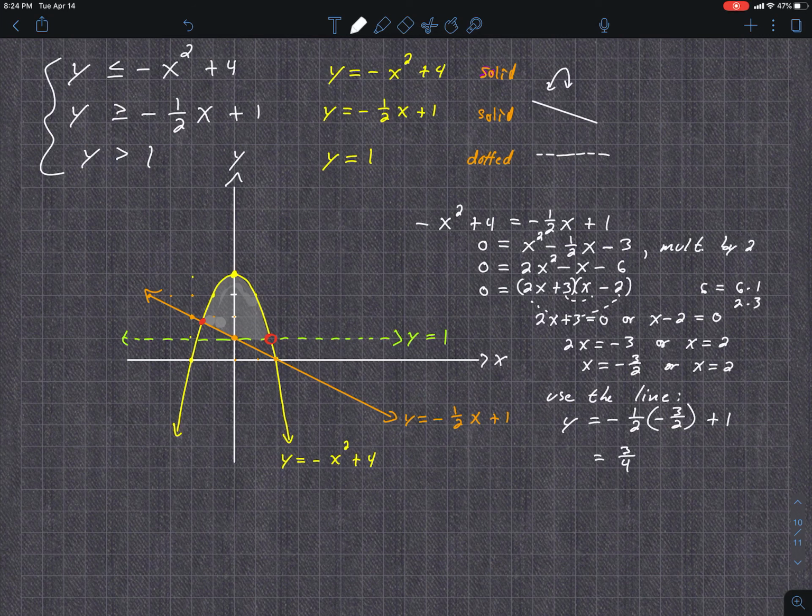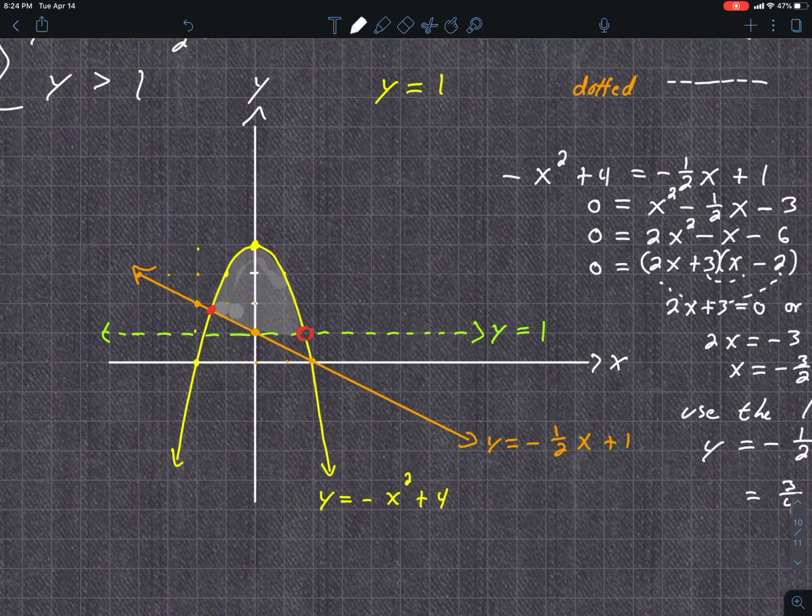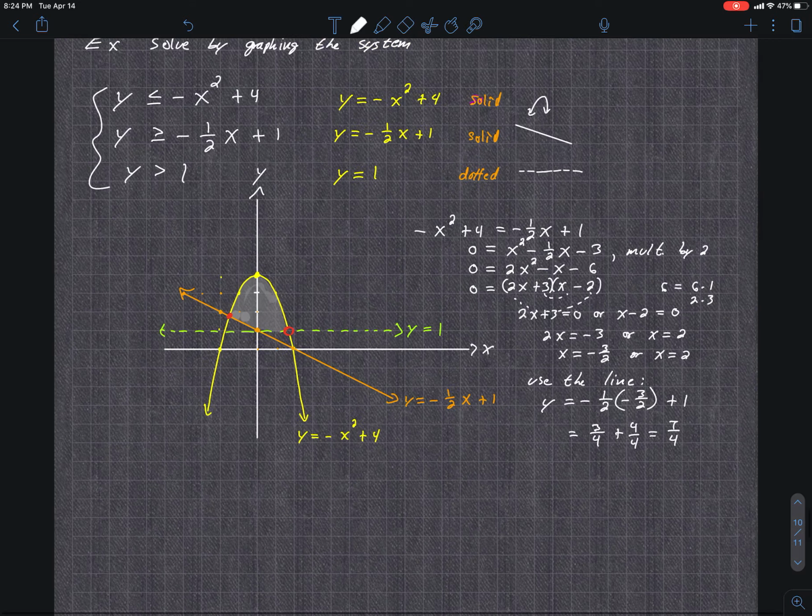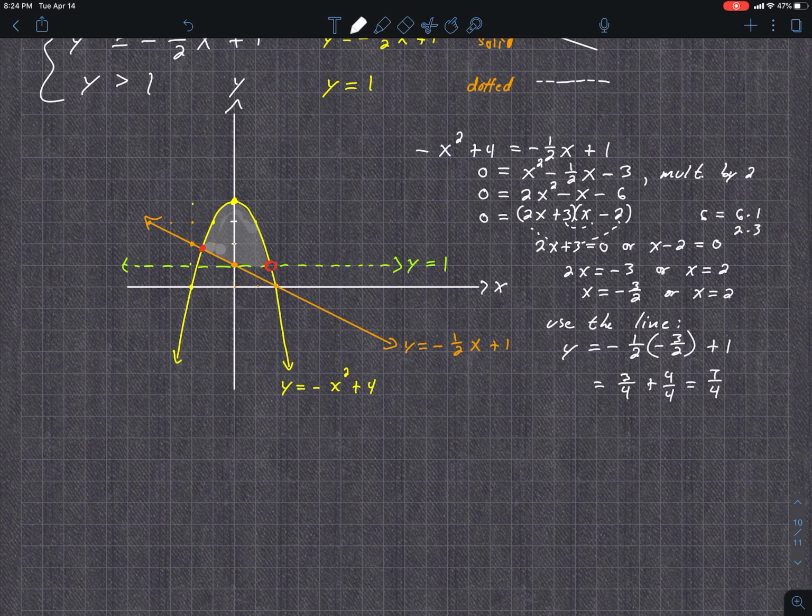So that's going to be equal to a positive 3/4. And then 1 will be 4/4. So that'll be 4, 5, 6, 7. So 7/4. So your y value is 7/4. So this point up here, we've got to label that, is going to be your x value is negative 3 halves, and your y value is 7/4.